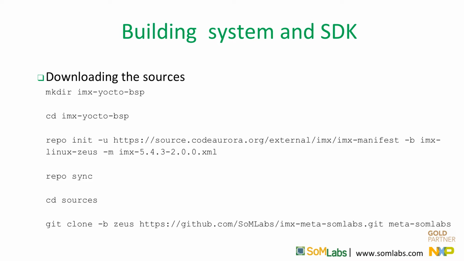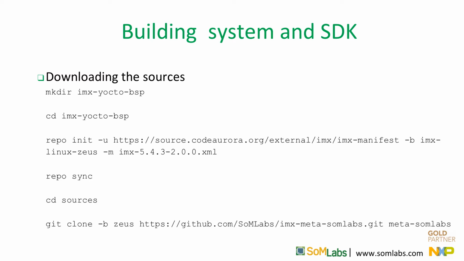The sources are downloaded from source.codeaurora.org, where NXP has posted all the layers and libraries necessary to build Yocto for NXP processors. When fetching the sources via repo init, pay attention to the version name, Zeus in this case. Another command, repo sync, synchronizes our sources with the remote repository to work on the latest version.